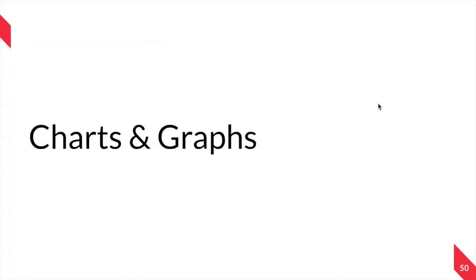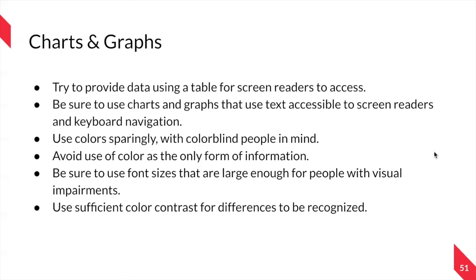Speaking of charts and graphs, that's another common accessibility thing. Not nearly as bad oftentimes as a map, but sometimes may be an issue. You want to make sure that you provide, again, any complex information from charts and graphs also in a data table so that, again, screen readers can access that easily and understand that information.